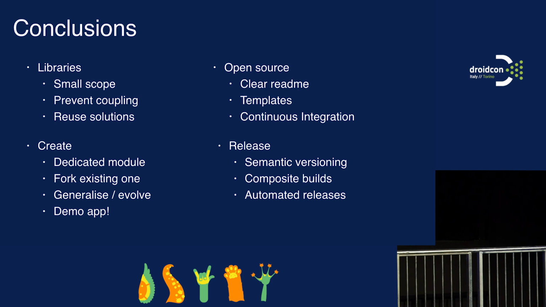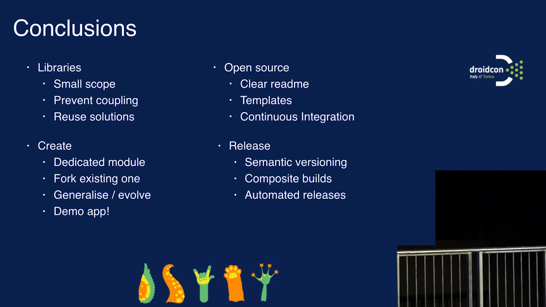It's very important to remember to use, create, and maintain a decent demo app, because that's not only useful to show what you have done, but also to test it and to reproduce potential issues. For open source projects, remember to have a good, clear README with all the information that a new user of your library needs to know.